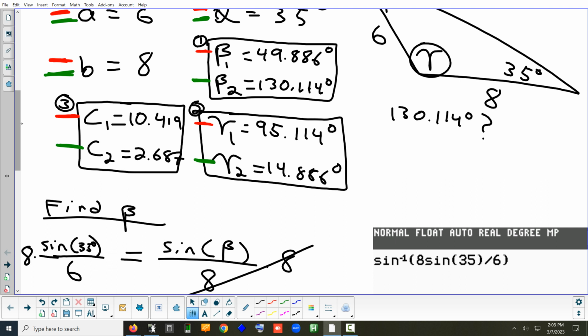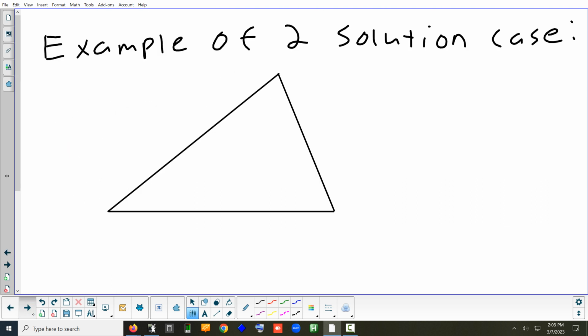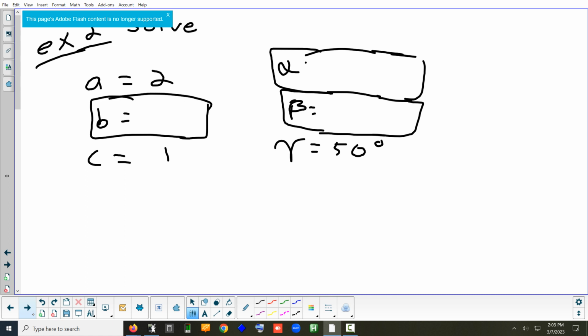All right, that was just a chart. Let's try this one. Okay, I'm not even going to draw a diagram this time. Without the diagram, can someone remind me again, how do I know that it's law of sines?